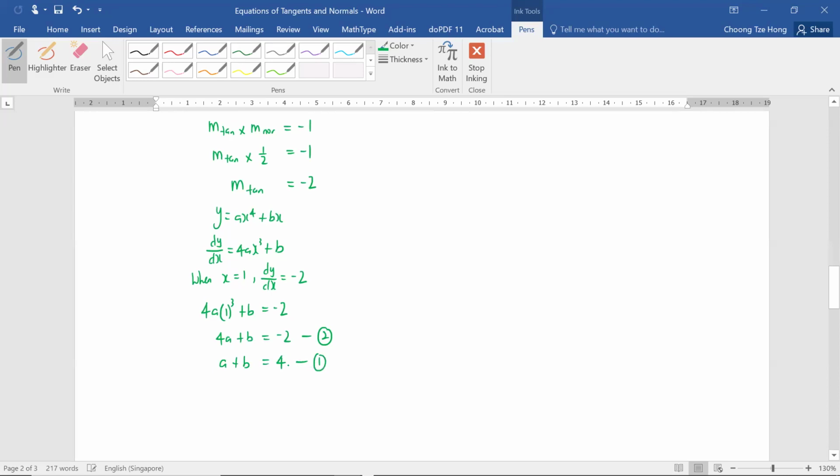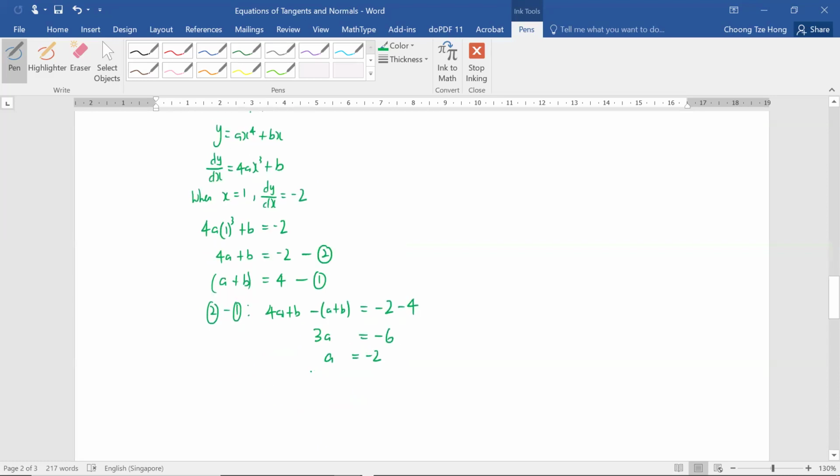This is equation 1. Since both have b, we can do equation 2 minus equation 1: the left side minus the left side. Remember to put a bracket, since you're subtracting the whole thing, equals -2 minus the right side. Here we end up with 3a equals -6, so a will be -2.